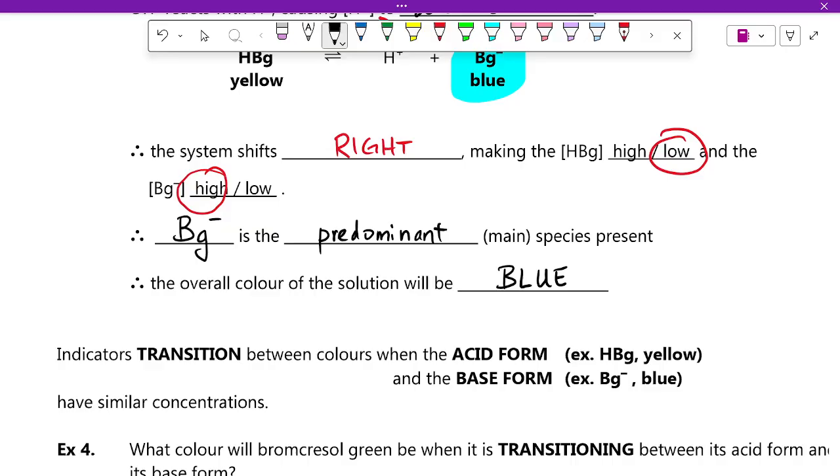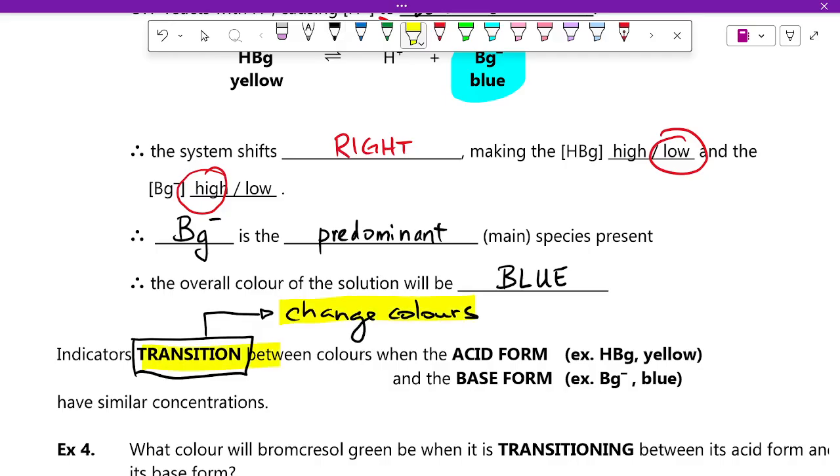Indicators transition. In other words, they change between colors, when the acid form, HBG, and the base form have similar concentrations.